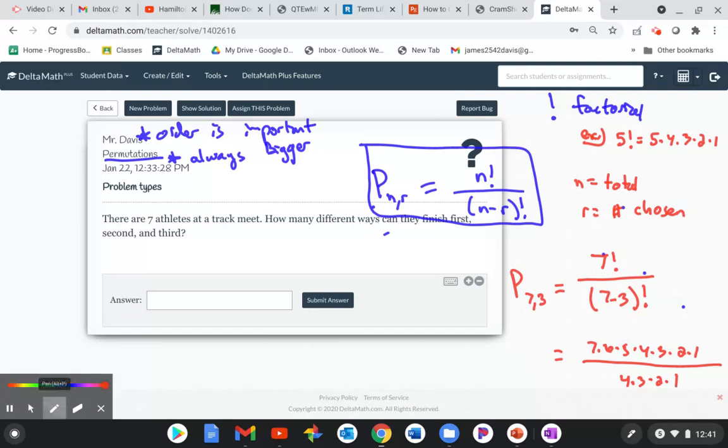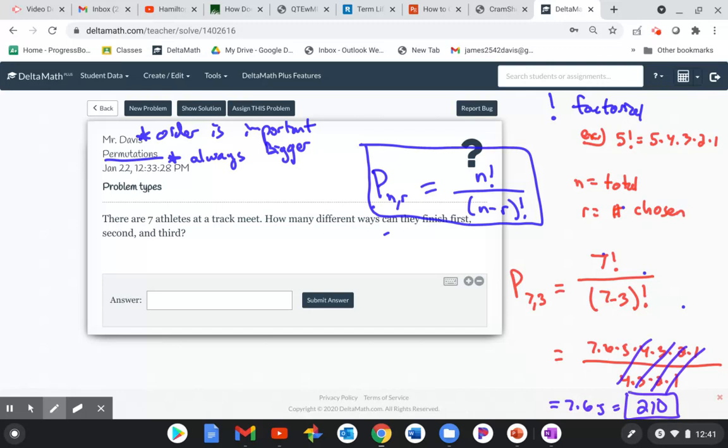What ends up happening is these cancel out. So your answer ends up just being 7 times 6 times 5, which is 210. So there's 210 ways, which seems like a lot, right? If we have just 7 people, it's 210 different ways they could finish first, second, and third.